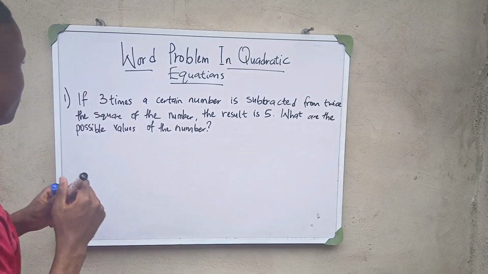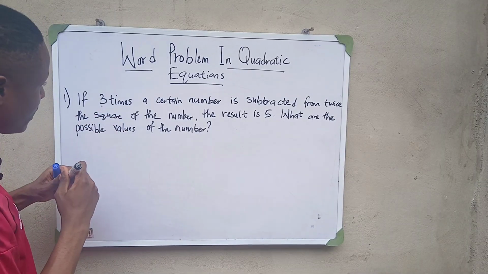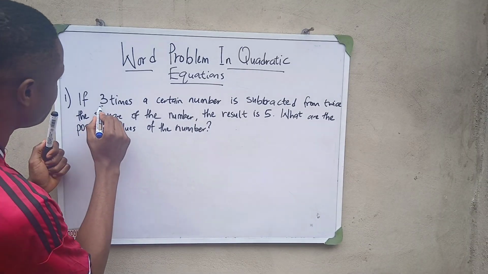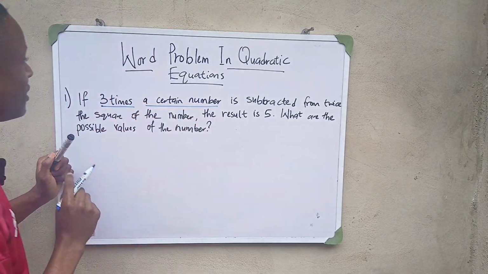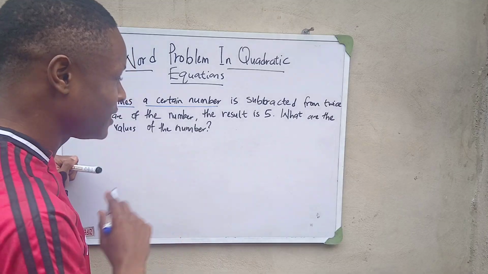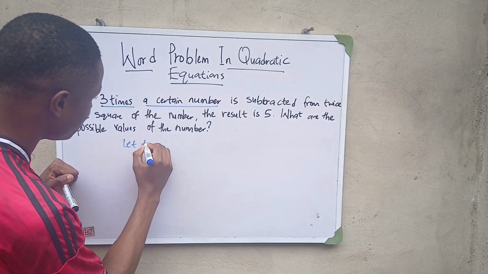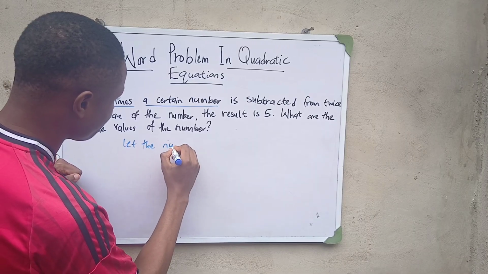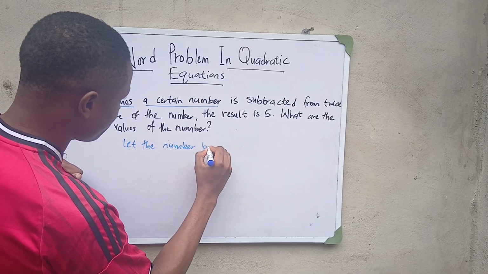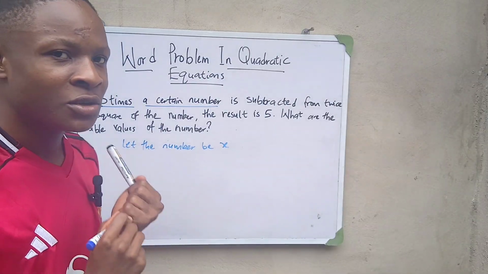So it says if 3 times, so it's 3, we underline it with a blue marker, 3 times a certain number. First, let's call that number x. Let the number be x.